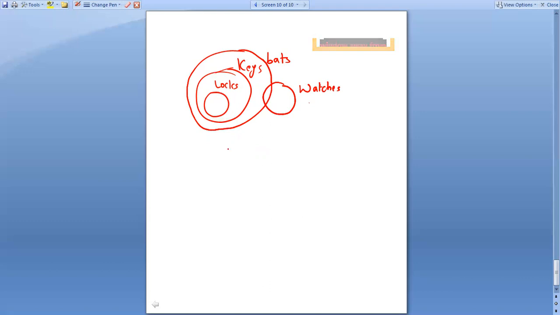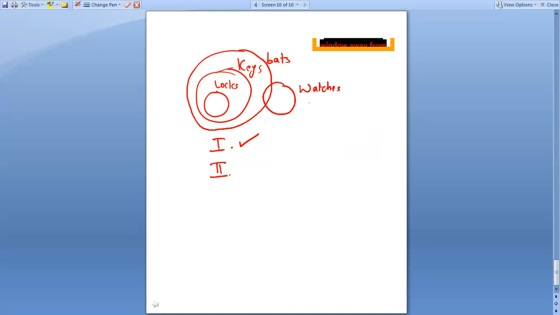Okay, so let's go through the conclusions now. Conclusion number 1, some bats are locks, which is true. When all the locks are keys and all the keys are bats, then all the locks are bats. So some bats are locks, which is true.